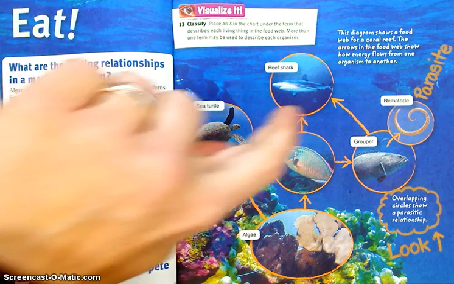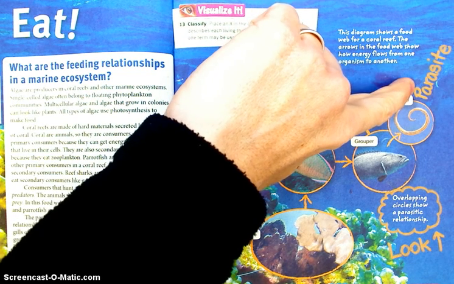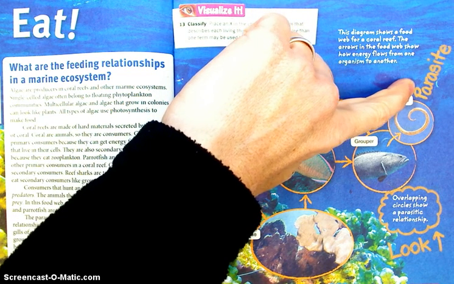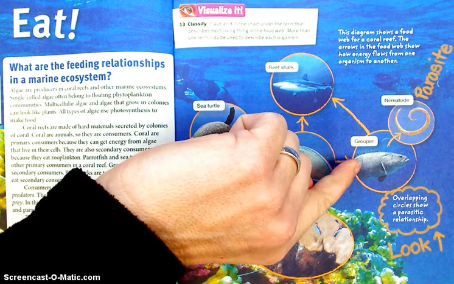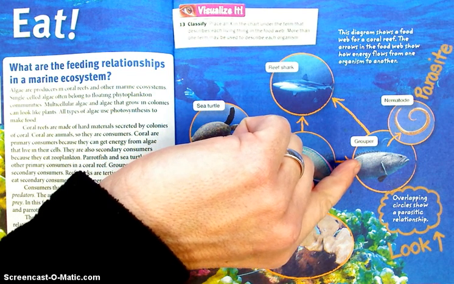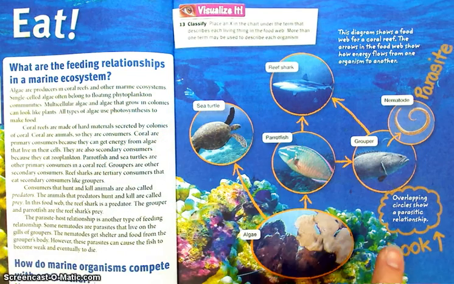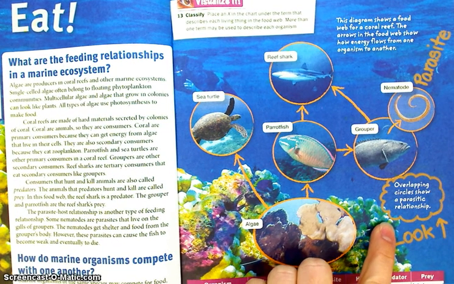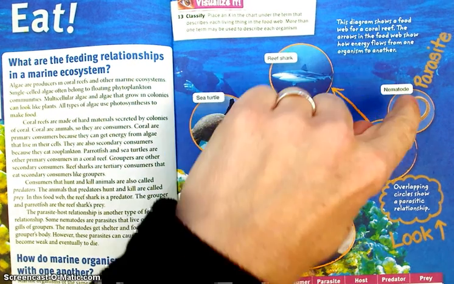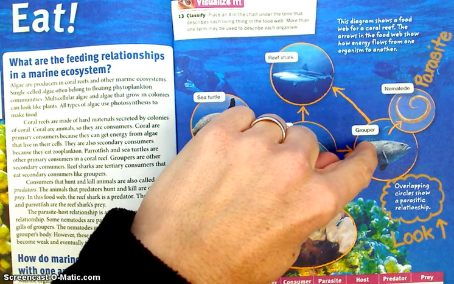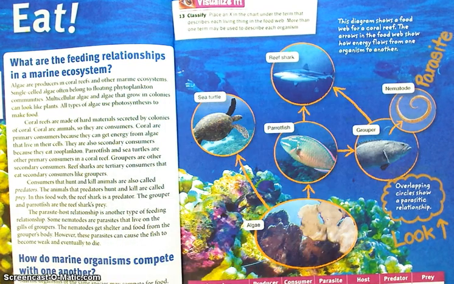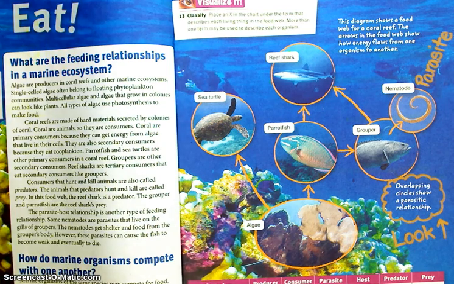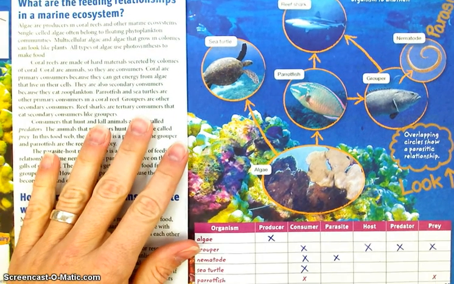First of all, notice here that I have written the word parasite because this nematode is a parasite that's taking advantage of the grouper, which is a type of fish. And make sure that you point this out to yourself, that if you have a circle that's overlapping another circle, it shows a parasitic relationship. Okay? All right, so let's look at our chart down at the bottom.